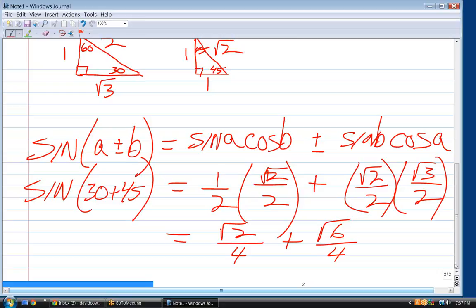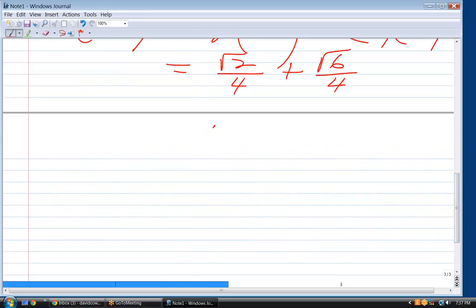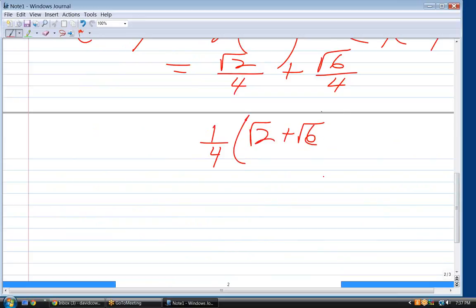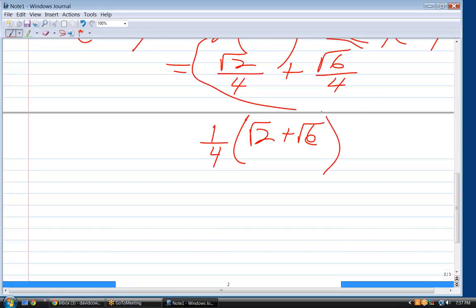Okay. It's √2 plus √6. Now the only thing I can do here is factor out the 4 so that my answer is 1/4 times √2 plus √6. Okay. But this is also satisfactory. You don't have to factor out the 1/4.